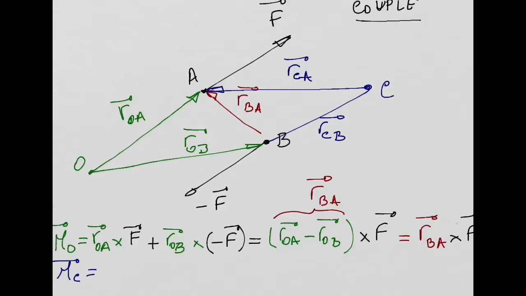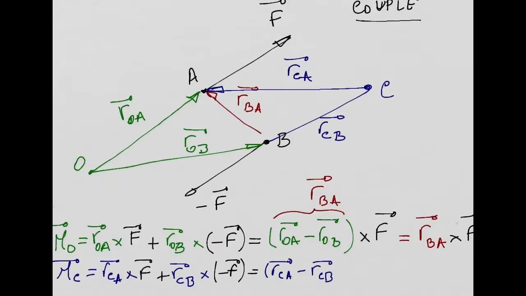So I will have my position vector RCA, external with my force F, plus my position vector RCB, external with my force minus F. That will be equal to RCA minus RCB, external with my force F. And my conclusion is this is going to be again equal to RBA, external F.